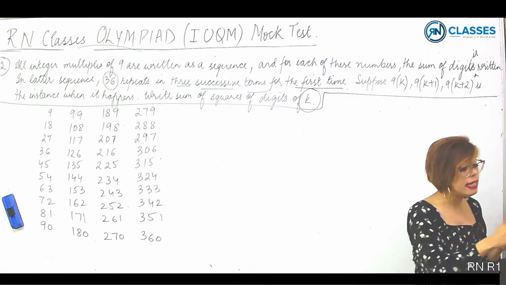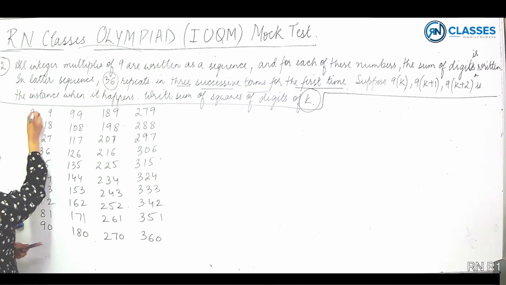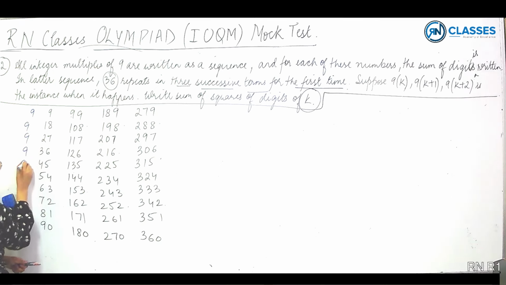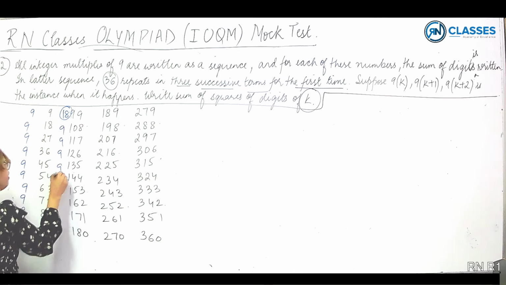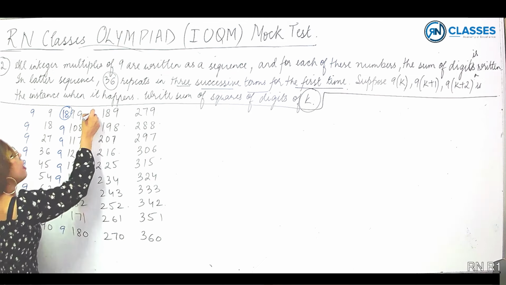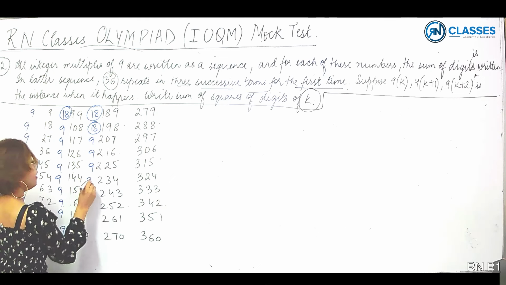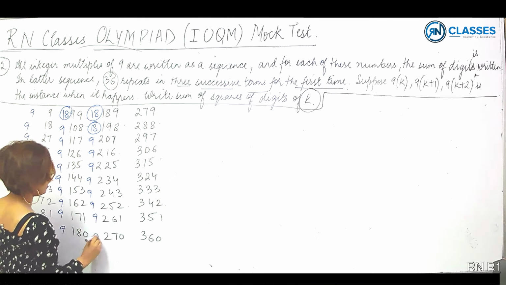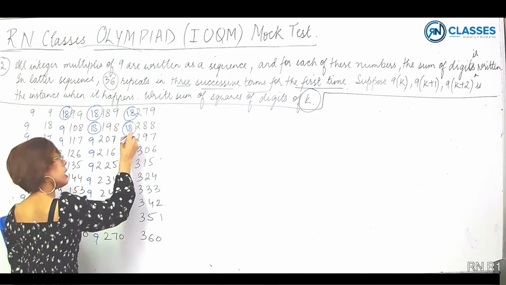Now, first of all, I will need to write the latter sequence, which is the sum of digits. Here, the sum of digits is 9, 9, 9, 9, 9, 9, 9, 9, 9. Okay, cool. 18, right? Then 9 again eight times, then 18, 18. Then 9 again, then 18, 18, 18.